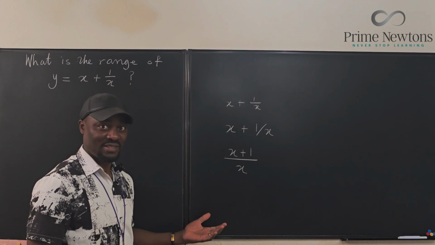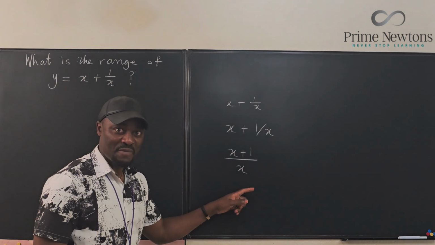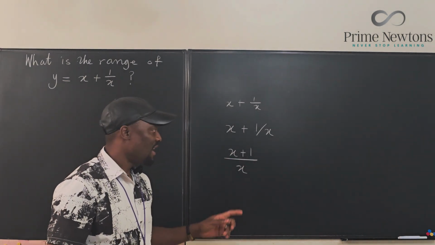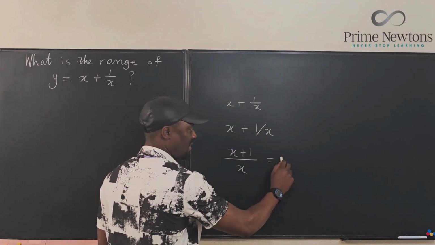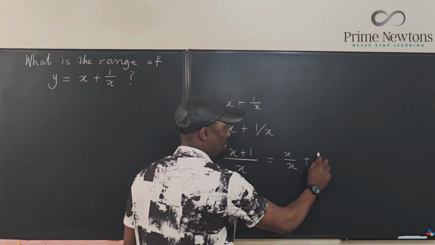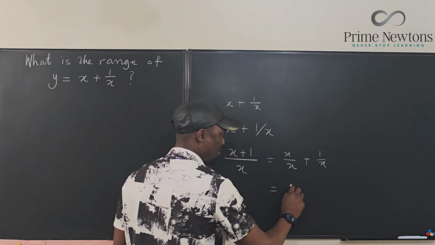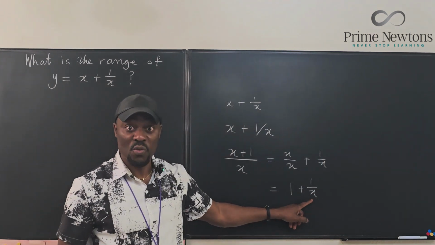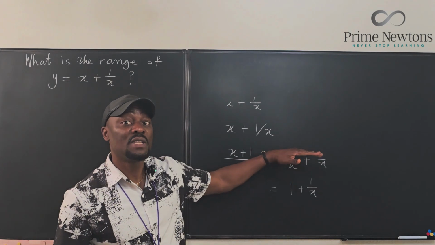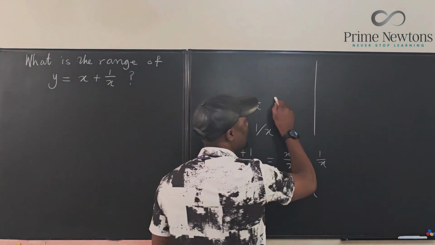I didn't use parentheses. But if this is what you did, then you would just have a rational function, because if you split this, I would have written this as x over x plus 1 over x, which gives me 1 plus 1 over x, which is just the rational function 1 over x shifted 1 unit up. So that would have been this.